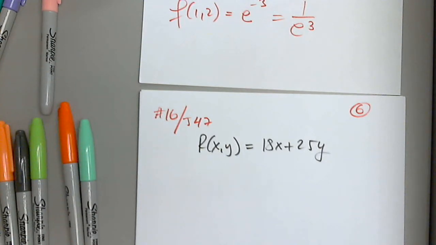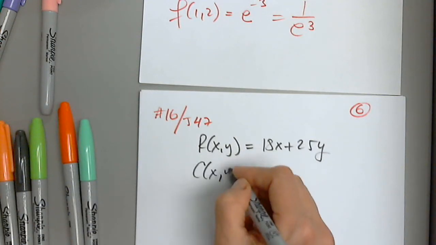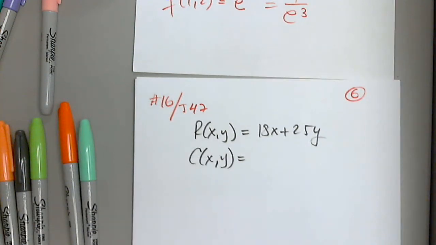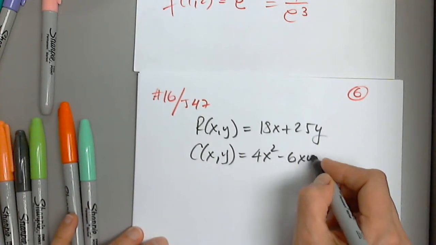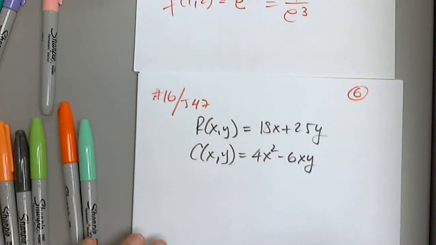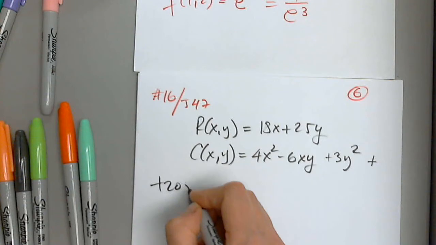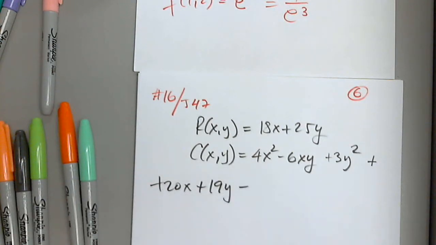The company determines that the total cost in thousands of dollars of producing x thousand of the 18 dollar shirts and y thousand of the other is this. So we're also given the cost function. It depends on both: 4x squared minus 6xy plus 3y squared plus 20x plus 19y minus 12.